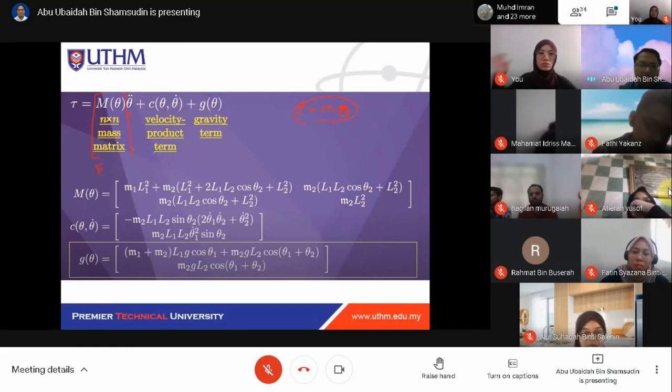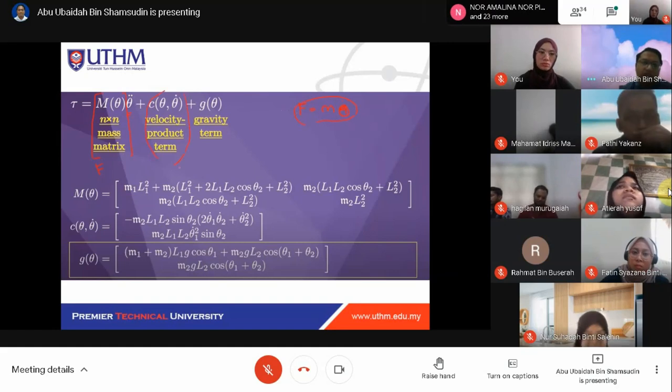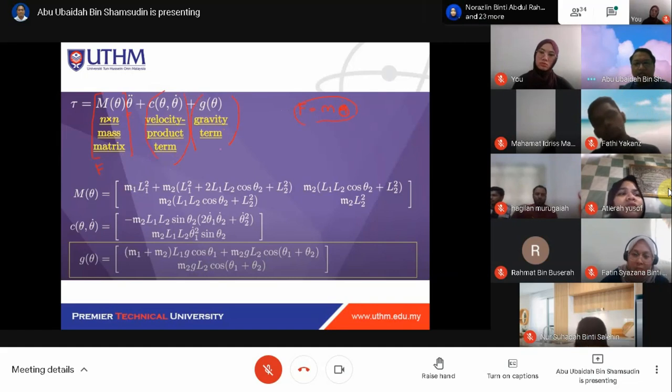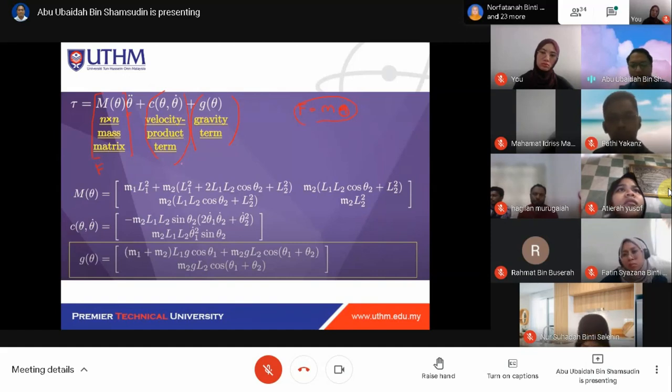And then we have what we call the Coriolis term. This term is controlled by the robot velocity. And finally, the gravity term, which if we move the robot in terms of position, then we will have the effect of gravity. If we move the robot very fast, we don't have that effect of gravity so much. But if we move our robot really fast, we will generate very high force here.